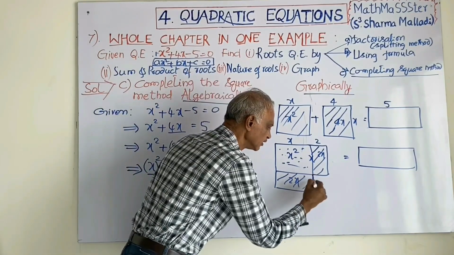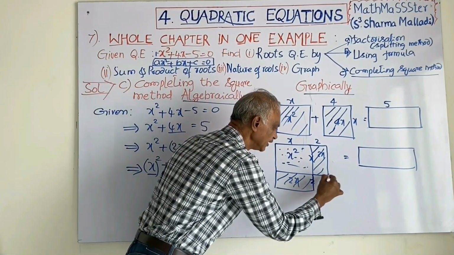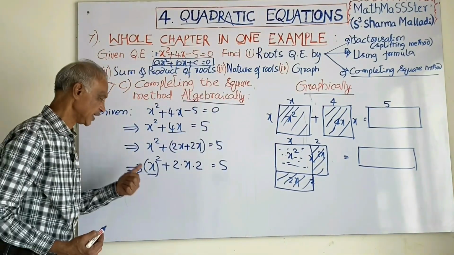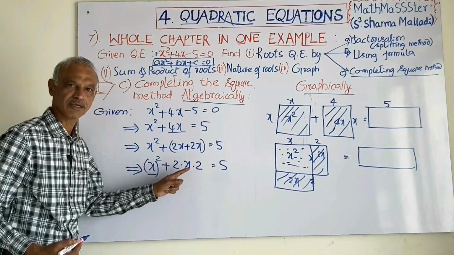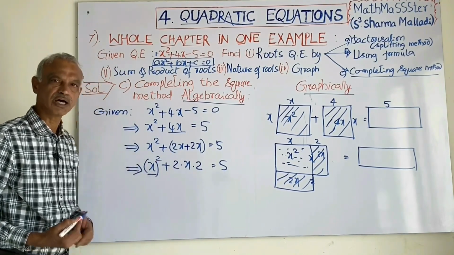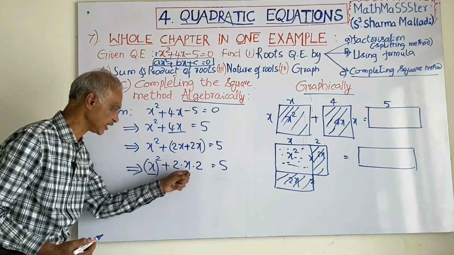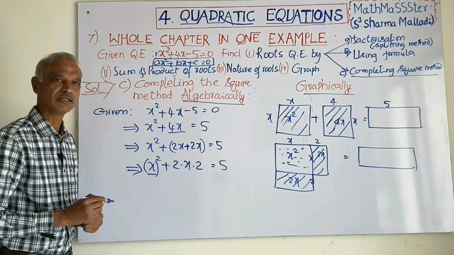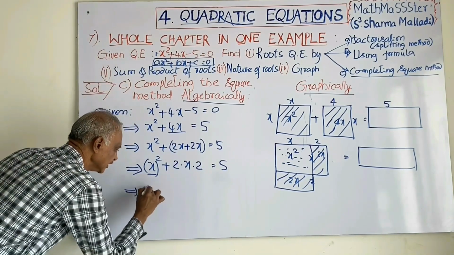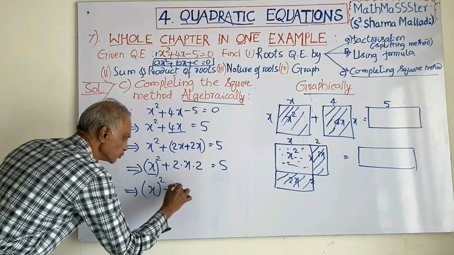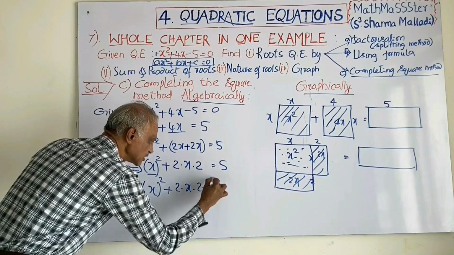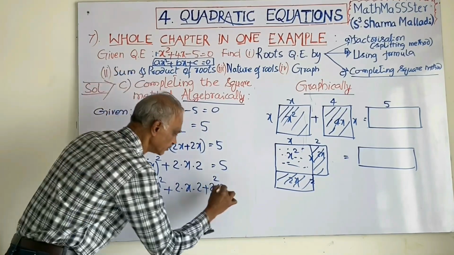What is the length? This length will be 2. And what is this length? That will also be 2. That's why x whole square plus 2ab. We know this is a and this is b. We have to add 2 square both sides to make it a perfect square. You see, x whole square plus 2 into a into b plus b square, 2 square we have to add.